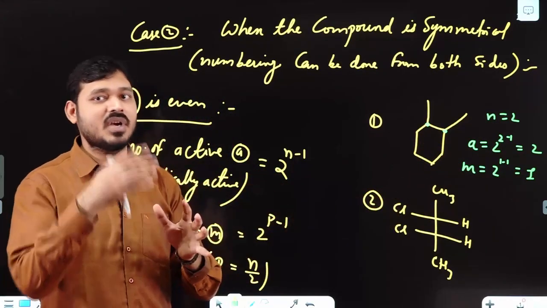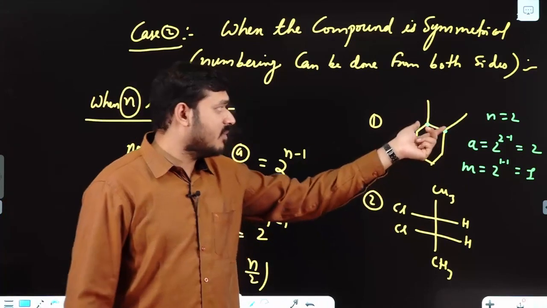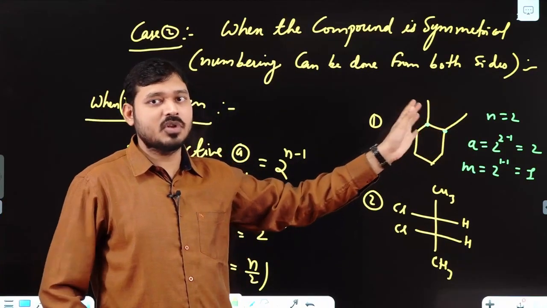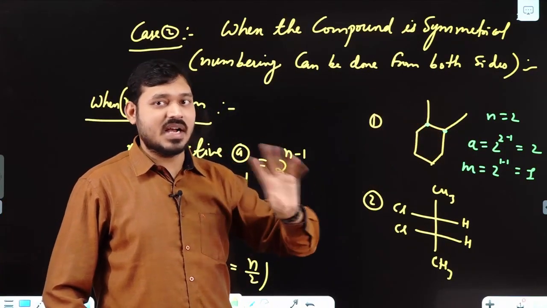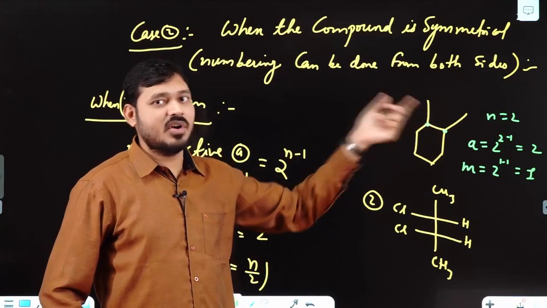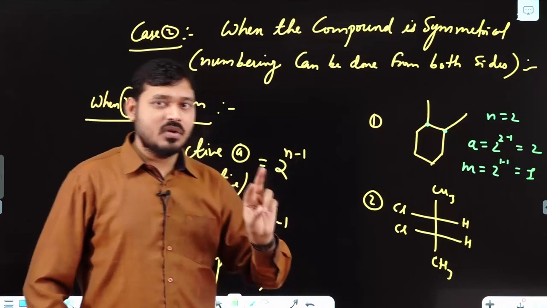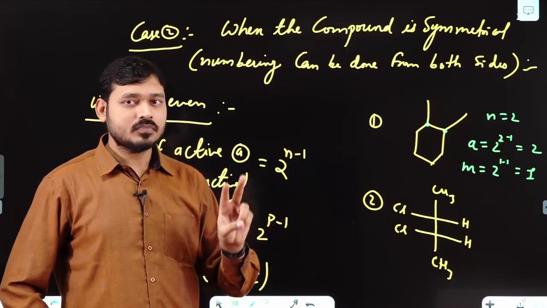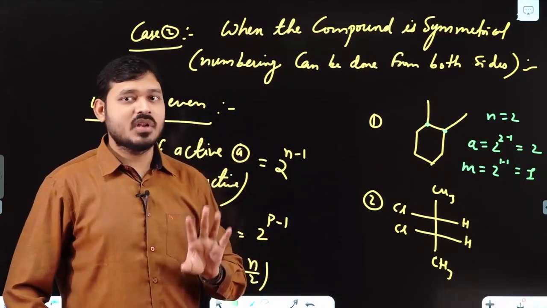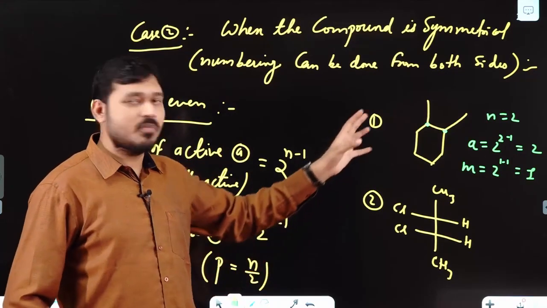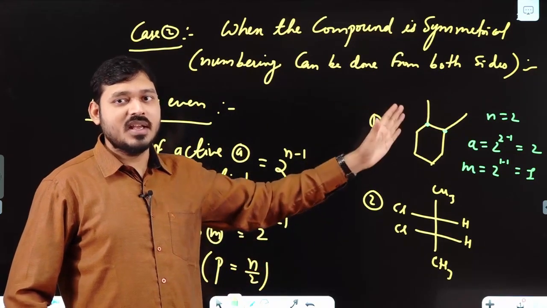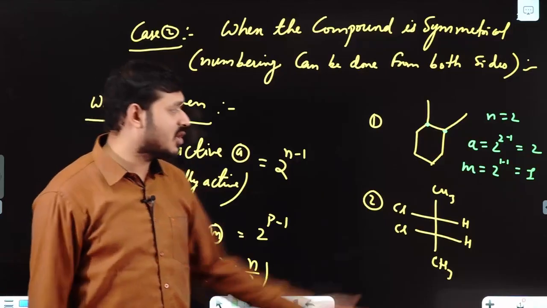Now let me check theoretically. See, I can make both on wedge. Suppose both methyl on wedge, then it is cis, and one on wedge and one on dash, it is trans. So I made its geometrical part, both wedge and one wedge, one dash. Now let me check the cis form. When both on wedge, it is optically inactive, so it is actually the meso part.